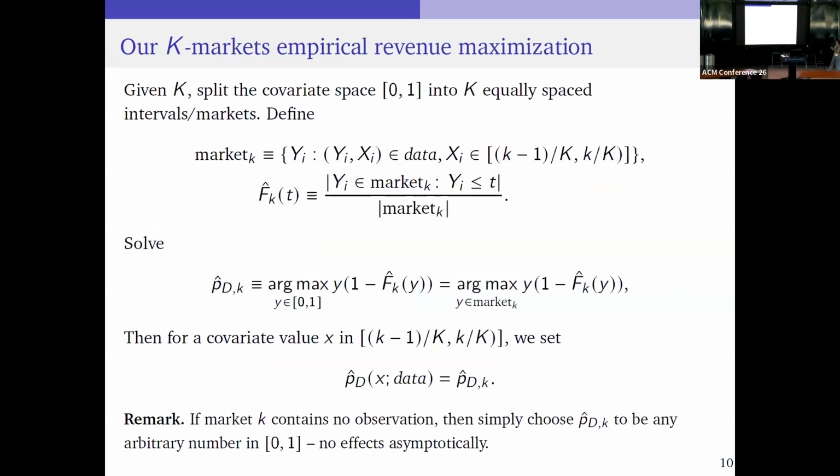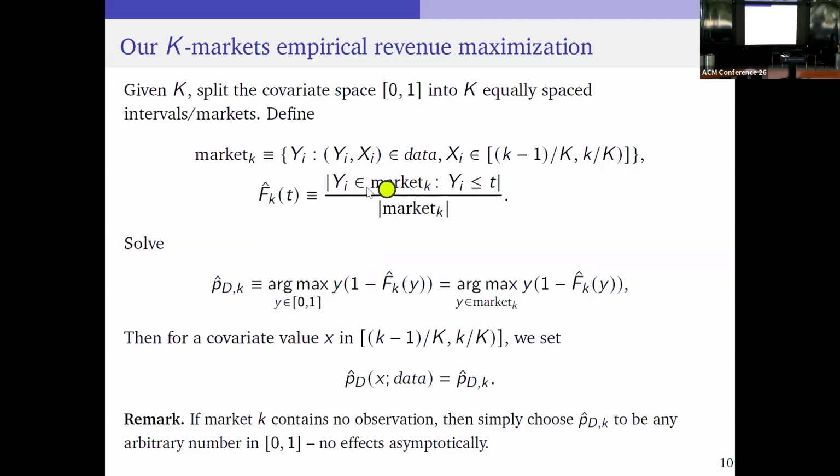Right, so this is the simple algorithm I'm telling you about. If you're thinking about setting a price based on IID data, what we do is split the covariate space into K equally spaced intervals, or pockets. Then you define an empirical conditional distribution.